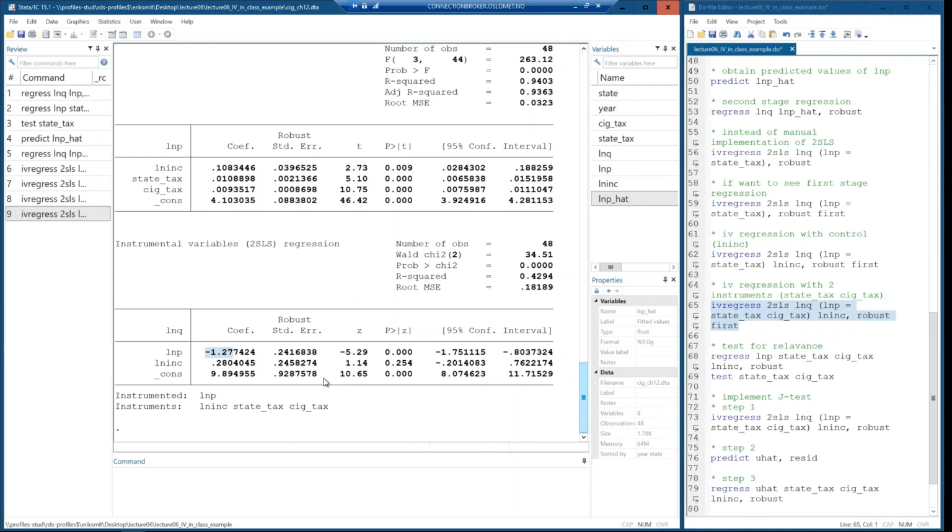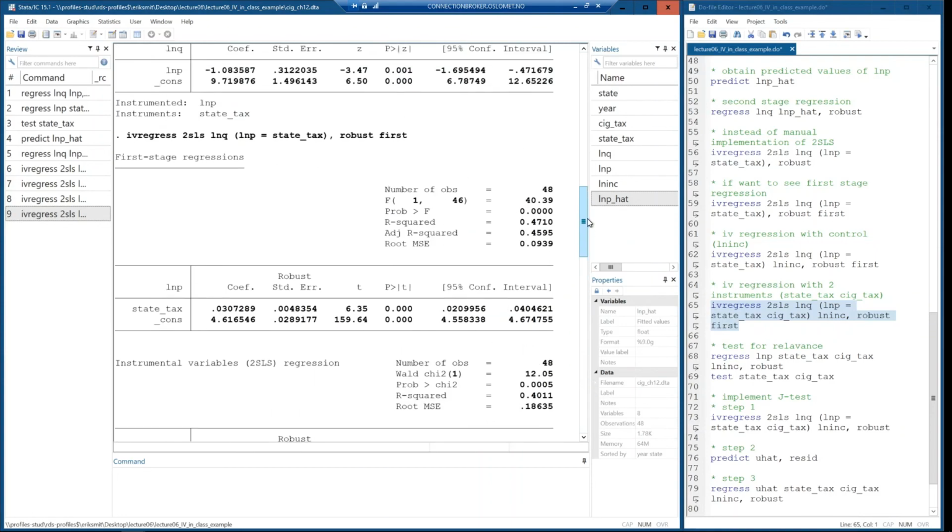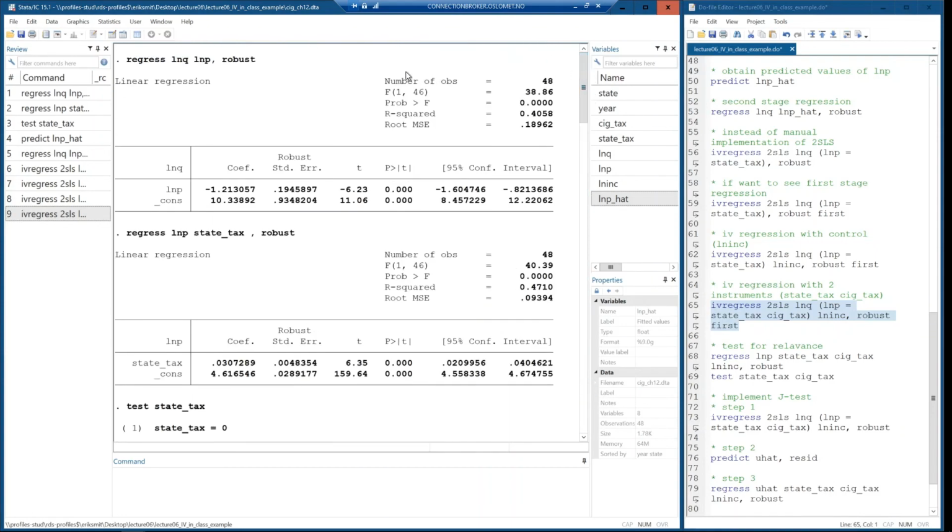And ironically, this is quite close to the first regression that we did.